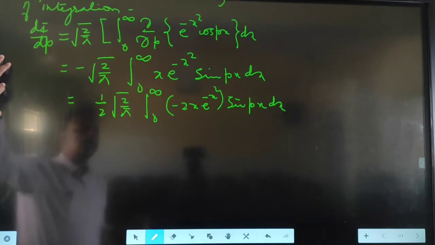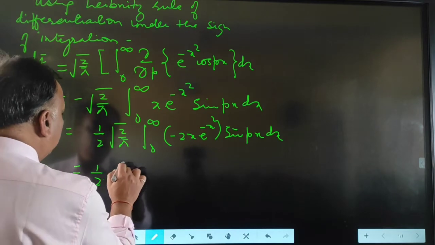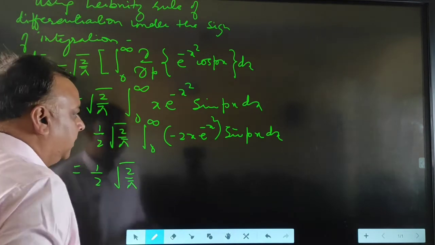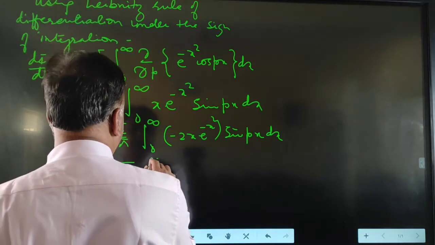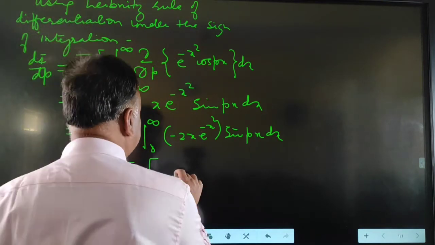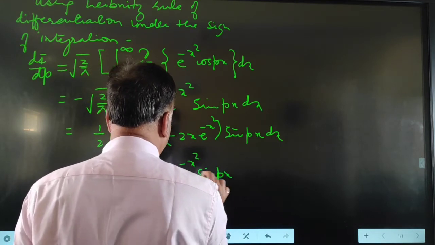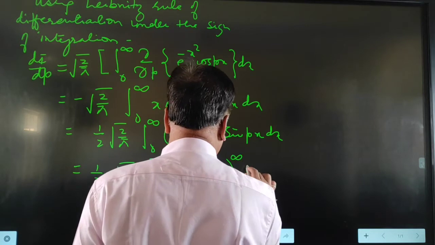Now integrating by parts, the right hand side becomes 1 by 2 root 2 upon pi. The integral of minus 2x e raised to minus x square is e raised to minus x square, so we get e raised to minus x square sin px, with limits from 0 to infinity.